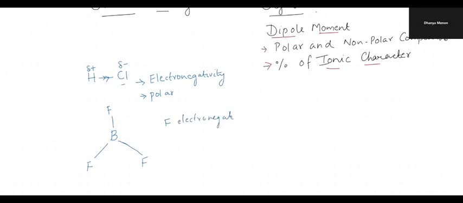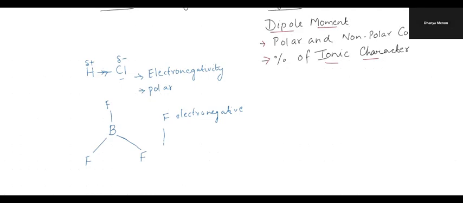So that means if there is a lot of electronegativity difference, this bond should be polar. So that means this particular compound should be polar, but experimentally, this molecule is non-polar. We will learn about this.